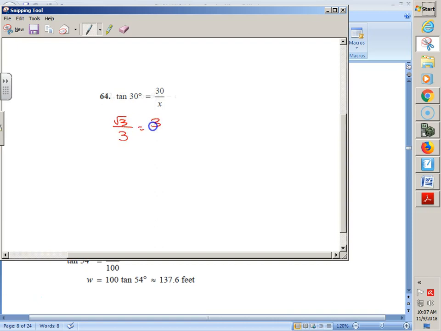Could have done some cross multiplication, couldn't you? Root 3x equals 90. And you could have said x is equal to 90 over root 3. Then you would have had to rationalize: 90 root 3 over 3.